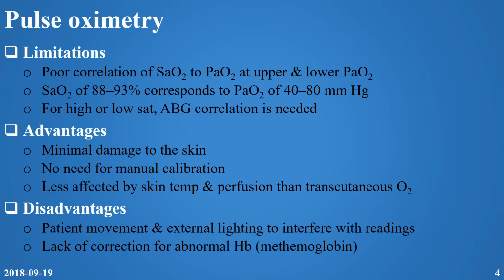The rest of the hemoglobin that is not oxy, like carboxyhemoglobin, hemoglobin connected to carbon monoxide, or methemoglobin, or sulfhemoglobin, which is abnormal hemoglobin, it does not tell you. It only tells you the percentage of oxyhemoglobin from the total. So when there is more abnormal hemoglobin, it will be incorrect. Now, do you understand the pulse oximetry limitations, advantages and disadvantages?